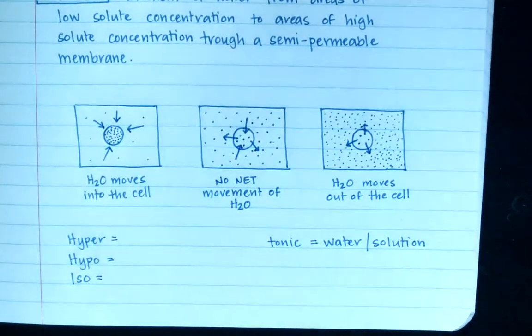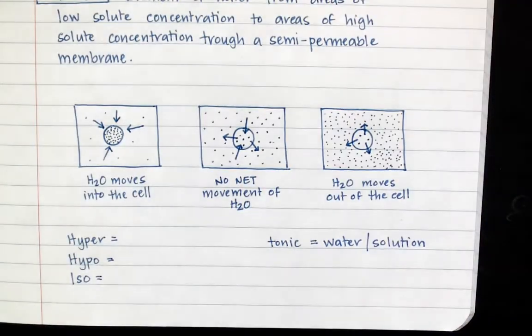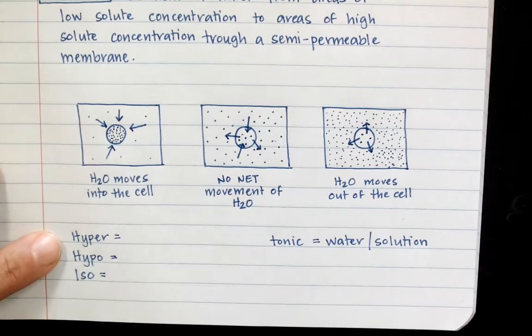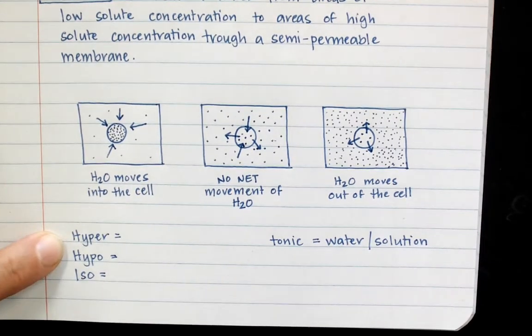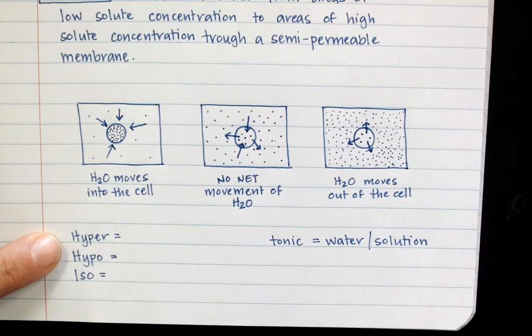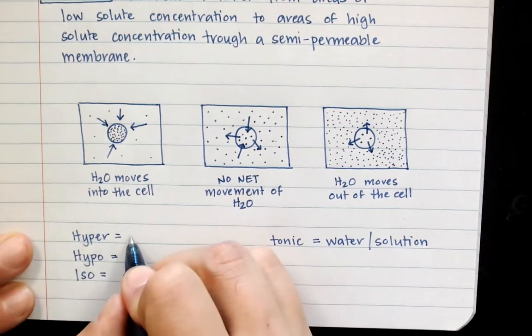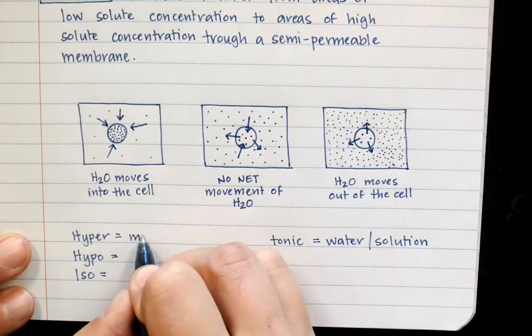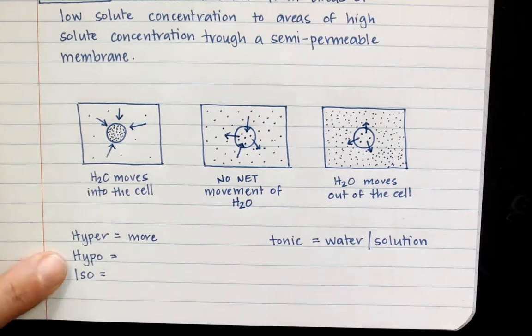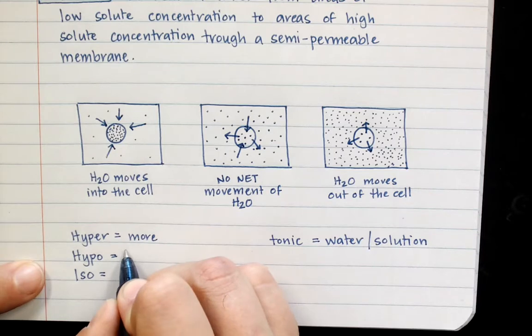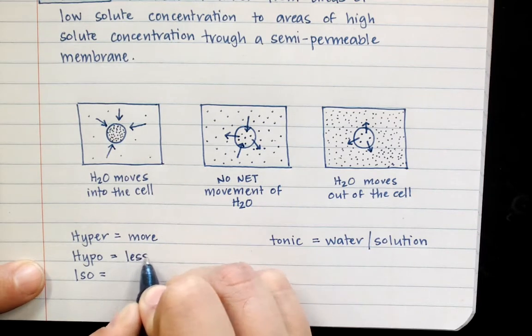Okay, if you are hyper, do you have a lot of energy or a little bit of energy? If you're hyper, you have a lot. So hyper means more. Hypo, like when you're hypothermic, it means you have less heat. So hypo means less.